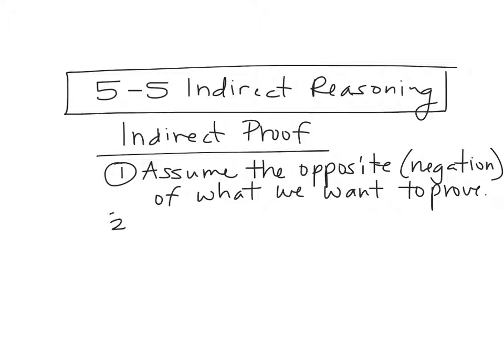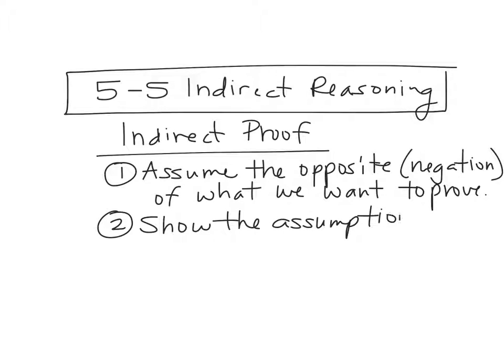Step 2 is you're going to show the assumption leads to contradictions. I promise this is where most of the writing comes in.